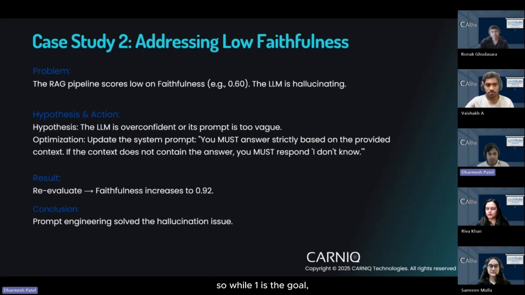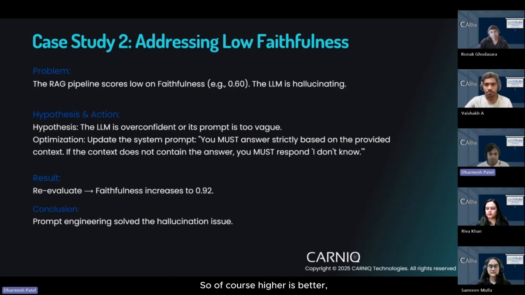While one is the goal, in the real world data is too messy. Generally a score of 0.8 or above is considered a very strong score. The most important thing is to use this score as a baseline so that you can evaluate your system or improve your system based on this score.